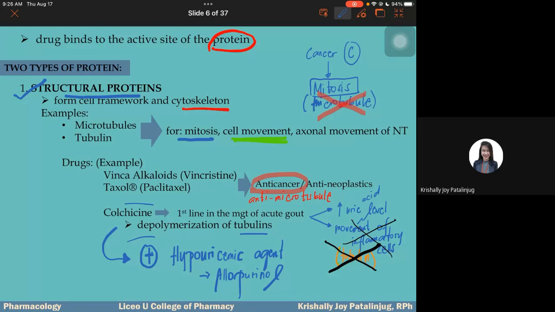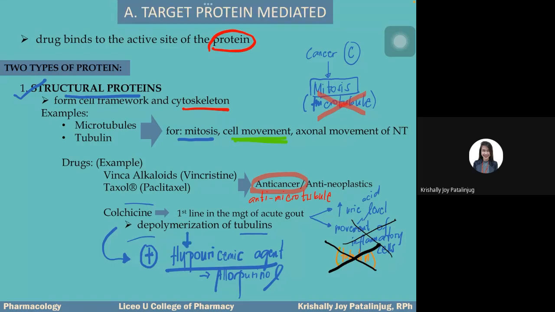Okay? So take note of that. Colchicine has nothing to do with the uric acid level. It only targets the tubulin, the cell movement of inflammatory cells. So it should also be given together with a hypouricemic agent. It's easy to understand the term hypo, meaning lowering the uric acid. So it lowers the uric acid level. Okay? Clear? Give me a thumbs up if you get the information.